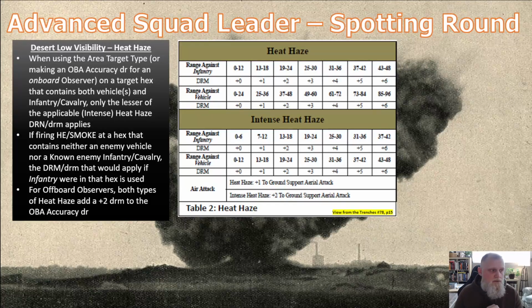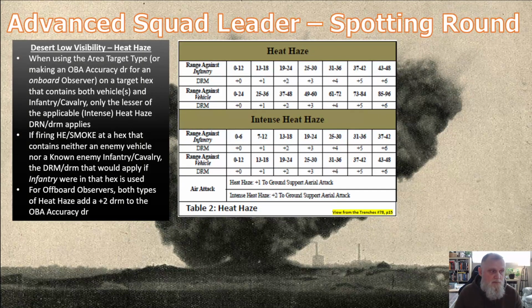So you get to use the best case. On the other hand, if you're firing smoke or you want to spec fire HE in a blank hex for whatever reason, you would be using the infantry column for the die roll modifier. So again, if you want to fire smoke at 20 hex range, you would have a +2 heat haze modifier to your attack.